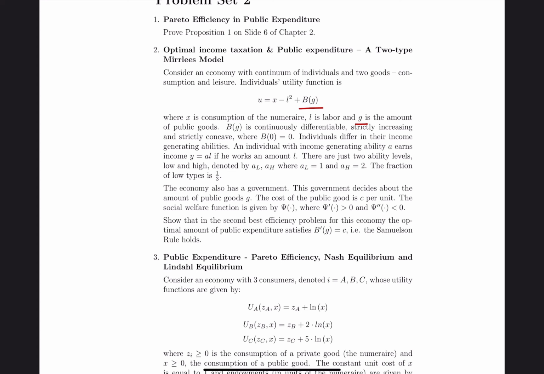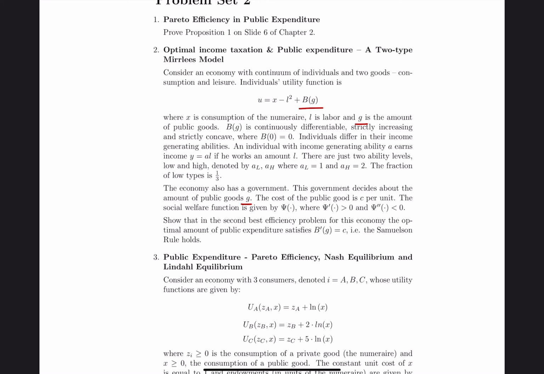The rest of the exercise is quite similar to the original problem that we had. The newest thing is that now the government does not only decide about the allocation of labor and consumption, but also about the amount of public goods which is produced.